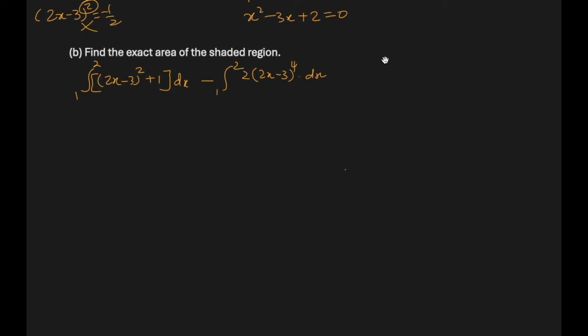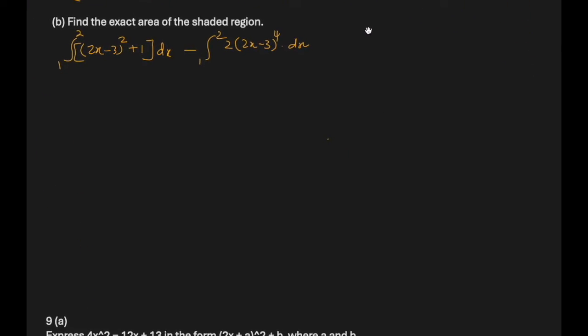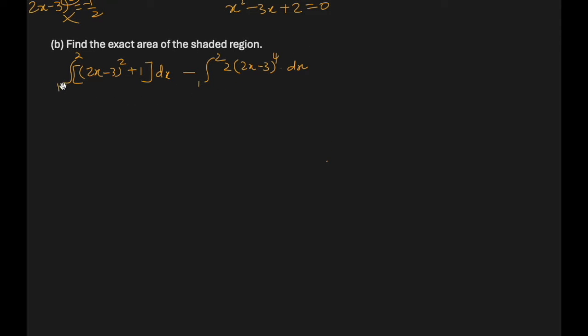Okay, so let's do it step by step. First I will focus on these limits later. First I will just integrate this. Integration of this one, because it's a linear function, it's easy.